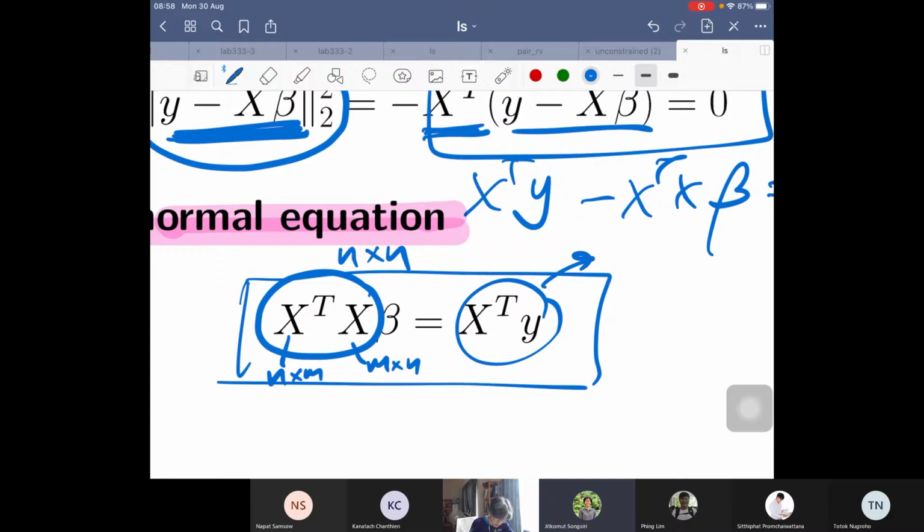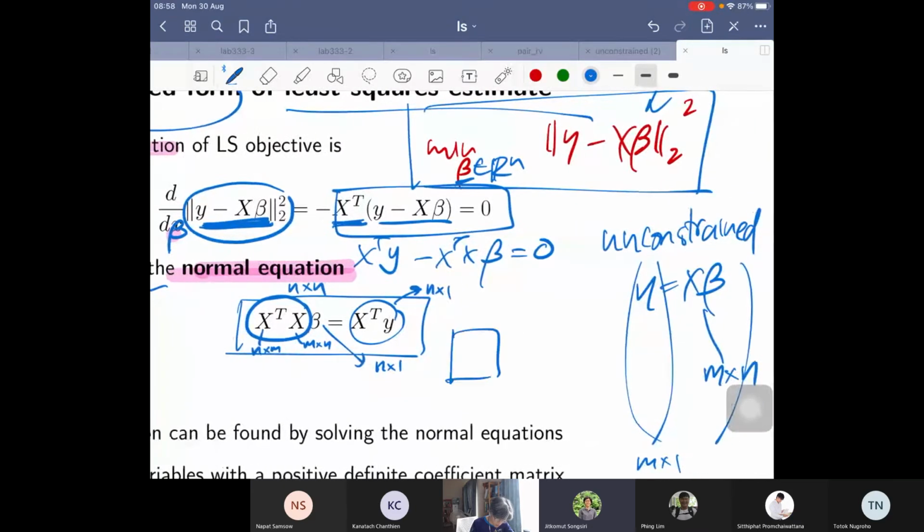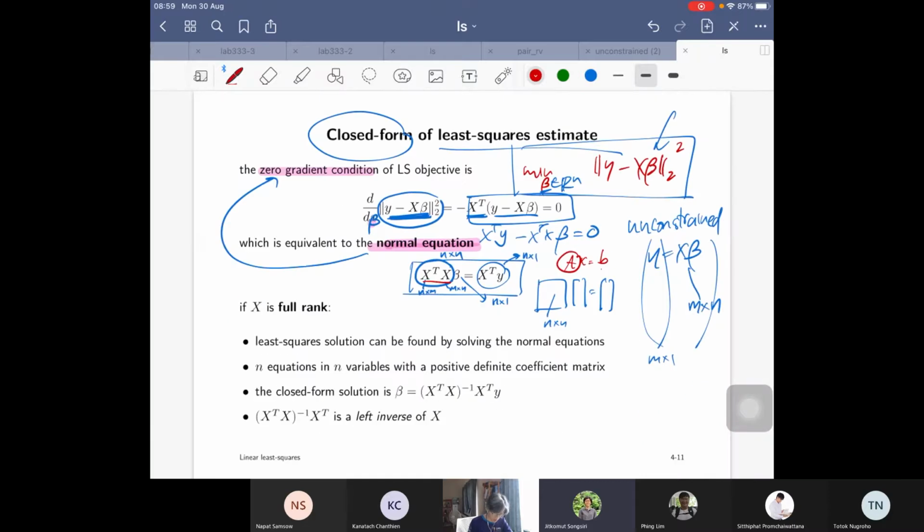The right hand side is going to be n by 1. Beta is n by 1. All right, you see, it turns out to be a square system. Like what we learned before, Ax equals b, now your A, which is x transpose x, is a square matrix. It's a square system now.